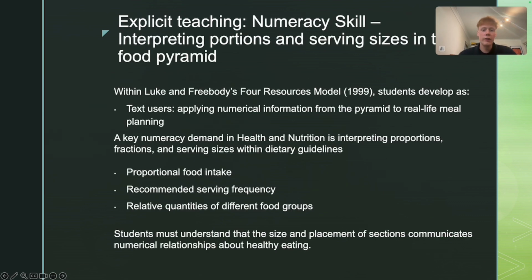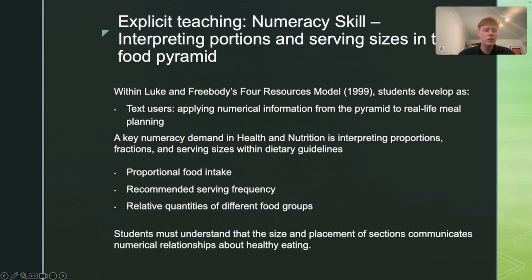The numeracy skill I've chosen to explicitly teach is the interpretation of portions and serving sizes in the food pyramid. Once again, referencing the four resources model, students develop as text users, applying numerical information from the pyramid to real-life meal planning.